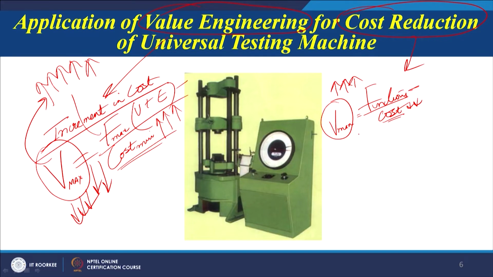We have to be able to differentiate between value engineering and the basic concept of cost cutting. In case of cost cutting there can be a compromise in terms of materials being used for making the product. There can be a compromise in terms of the manufacturing processes being followed. Sometimes some of the important functions may also be eliminated because we want to cut the cost of the product.